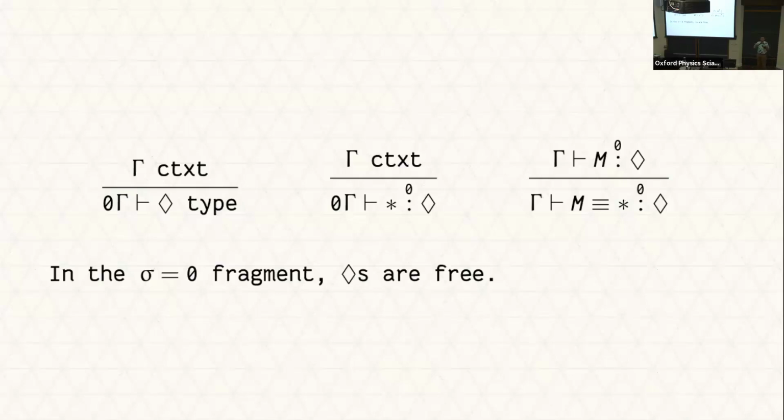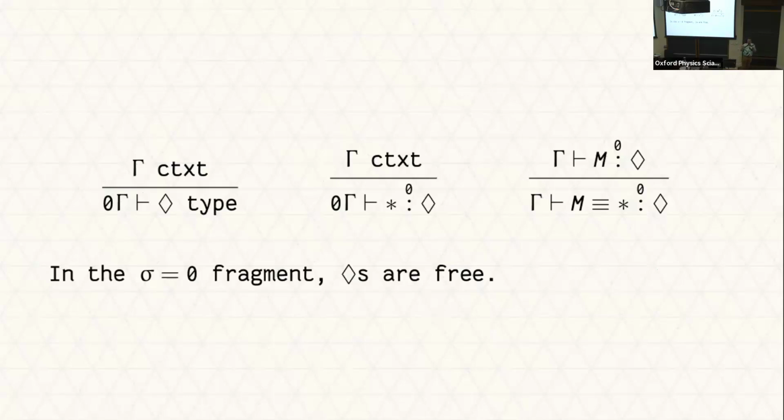So in the type world, diamond is going to act like the unit type. We're allowed to freely create them, throw them away, and do anything we like. But the rules will say that we're not allowed to do this in the resourced world. So we can construct diamonds for reasoning, and we can do it freely, and that will also mean that we can sort of simulate any computation we like just by paying for it with these free diamonds.